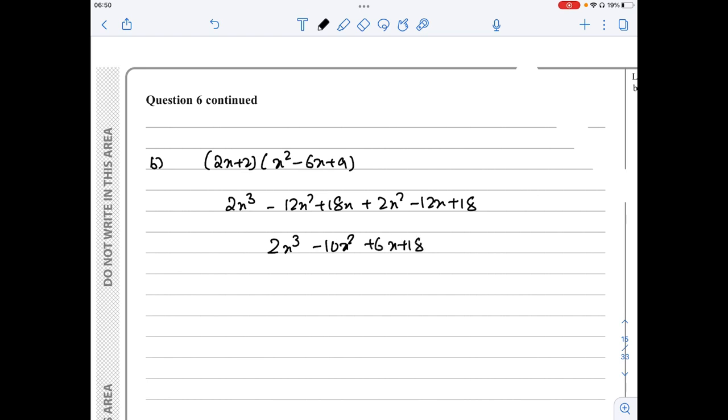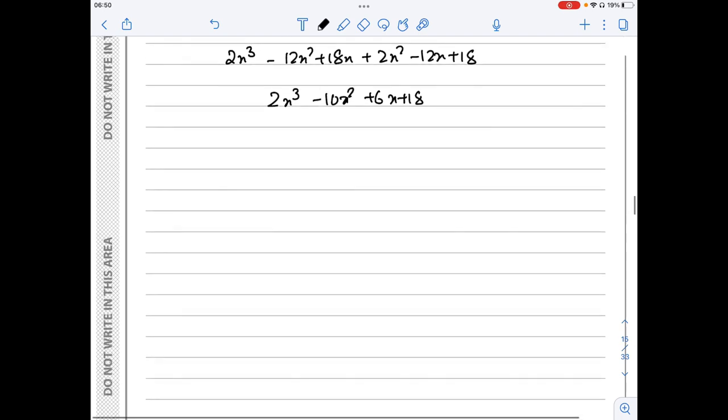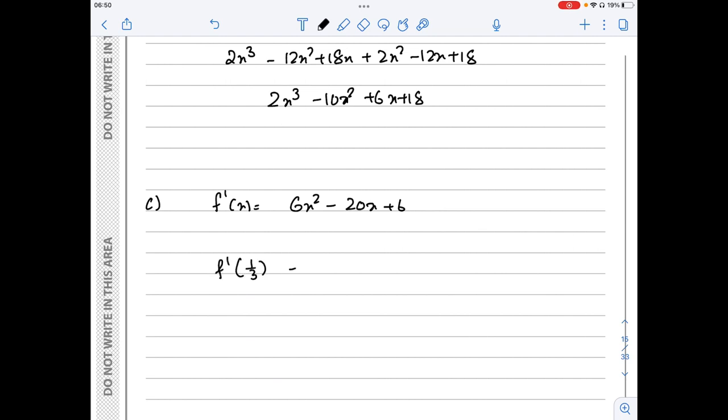Now we will be finding f prime x for part C. f prime x equals 6x square minus 20x plus 6. Now f prime of 1 upon 3: plug in 1 upon 3, 6 times 1 upon 3 whole square minus 20 times 1 upon 3 plus 6.